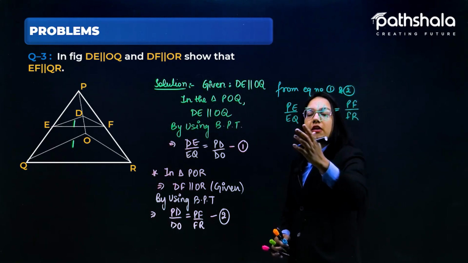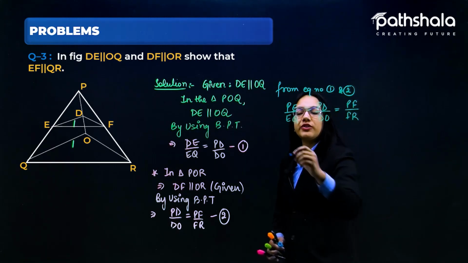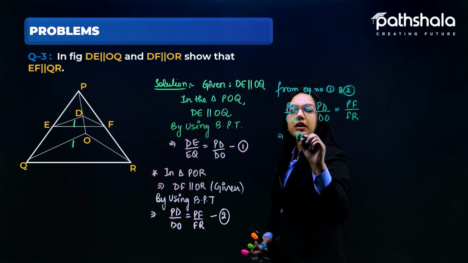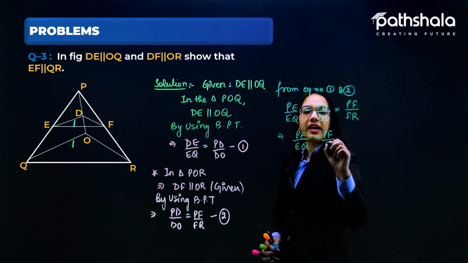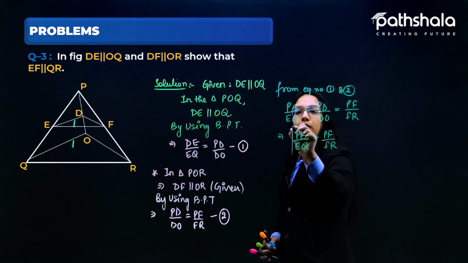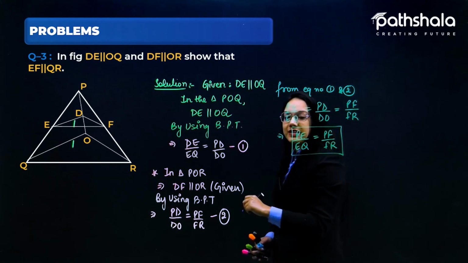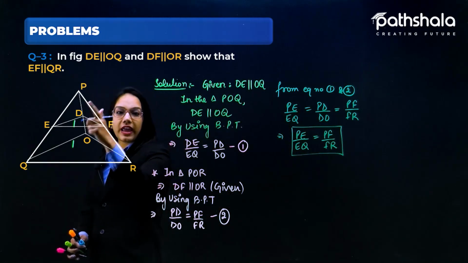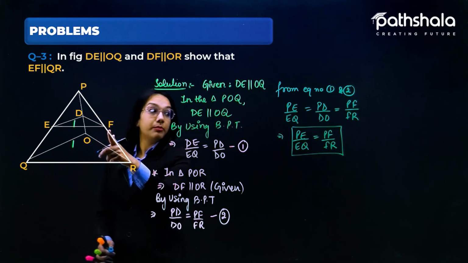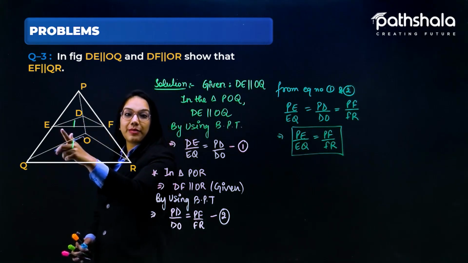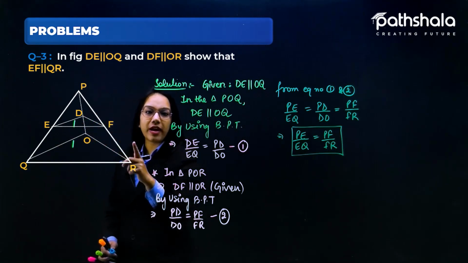So if these three ratios are equal to each other, it implies that PE by EQ is equal to PF by FR. We are talking about the ratio of all these sides.